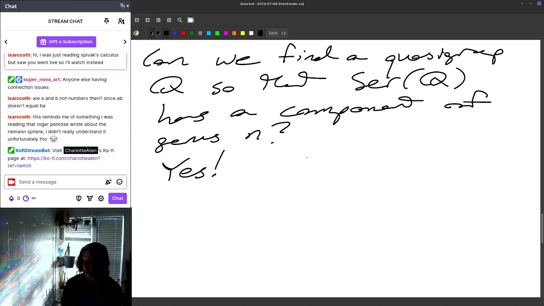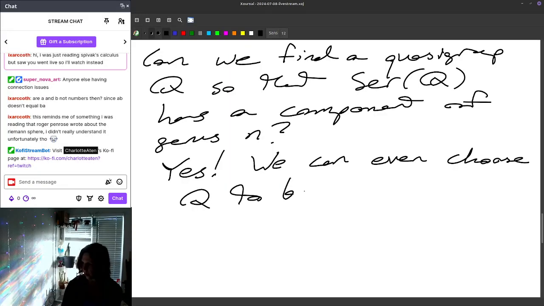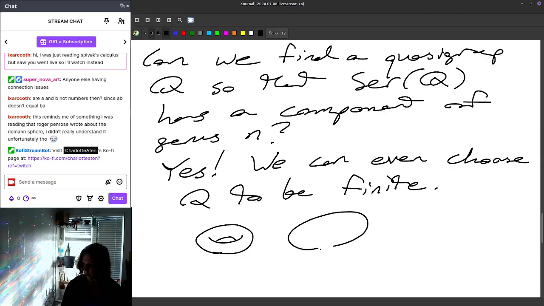Okay. So yes, we can. And what's even better is we can even choose Q to be finite. Even though these donut things look kind of finite, in the sense that they don't go on forever, you could make an object like this that you could hold in your hand.